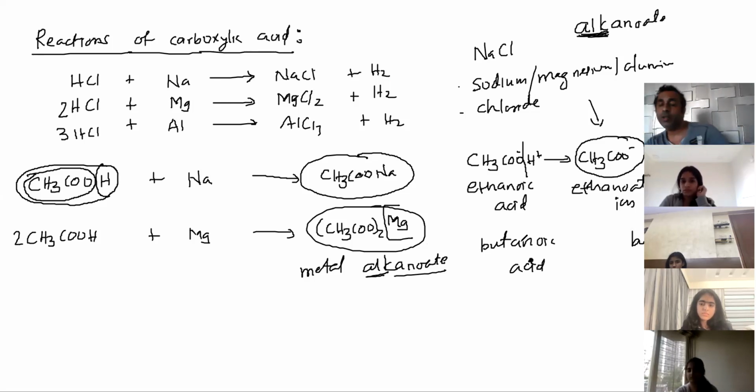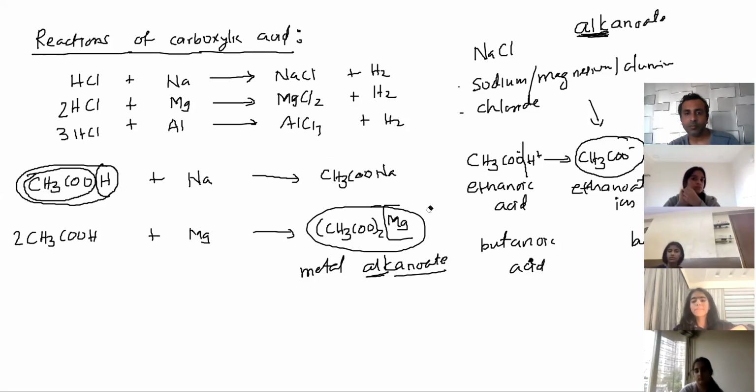Now, if I give you any acid and any metal, can you tell me the name of the salt? Yeah, I guess. Okay, let's see. But before that, let's see the other reactions.